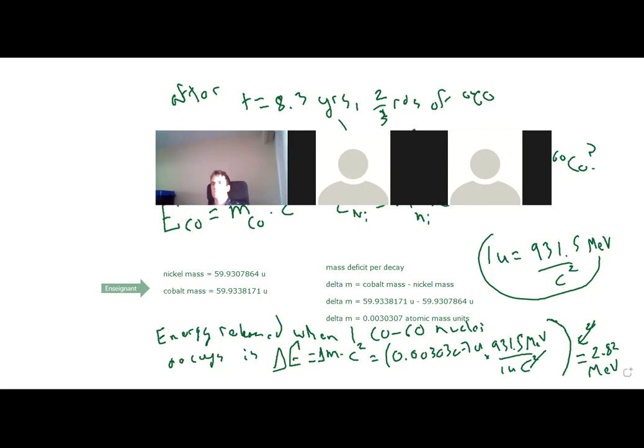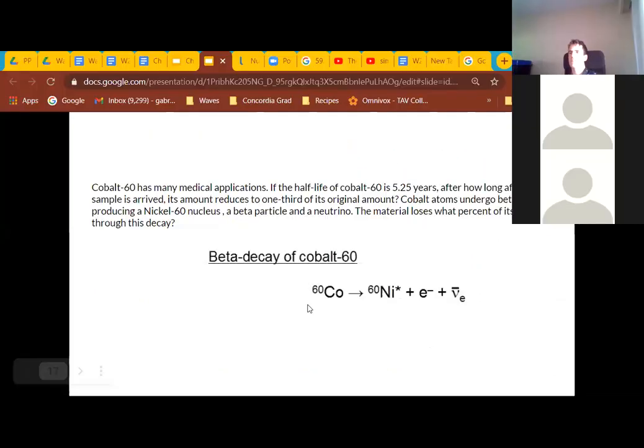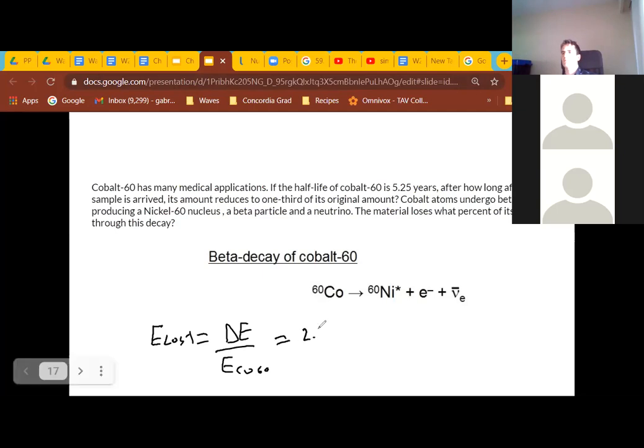And if we look at the question though, we're asked what percent of its energy the material loses through this decay. So to find the percentage of energy lost, you can say E lost would be the change in energy for a single nucleus over the total energy of cobalt 60, where the change in energy was 2.82 MeV.